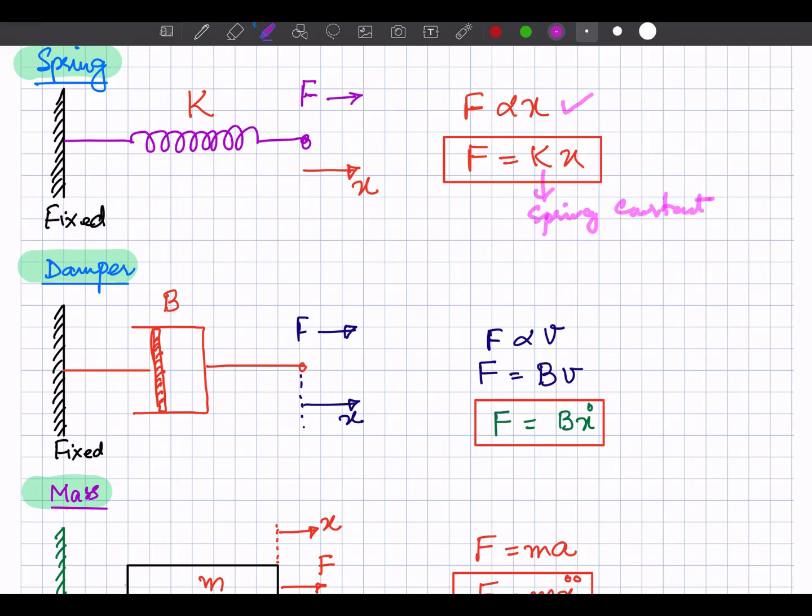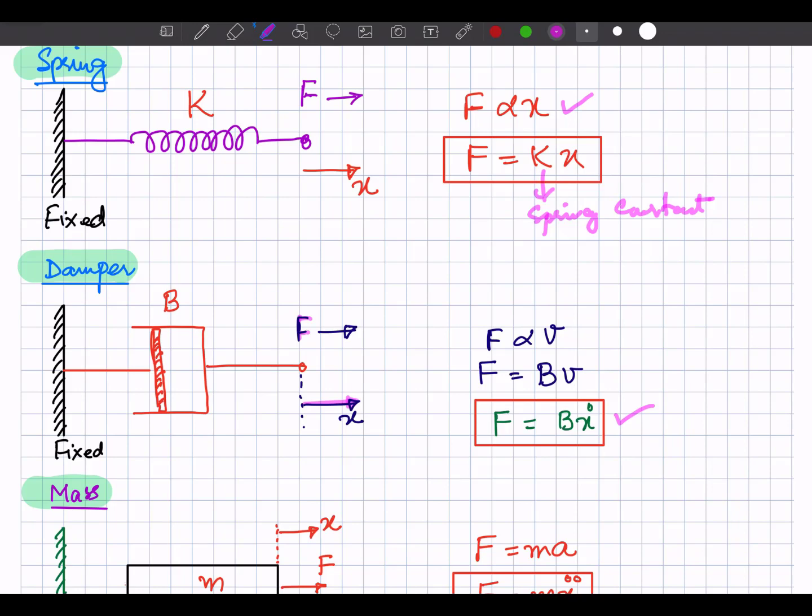The second thing that is commonly used in the mechanical system is the damper. When we apply the force F, the displacement of this point is X, and force and displacement are related with the help of this expression, where X dot is the derivative of the displacement, which is equal to the velocity.